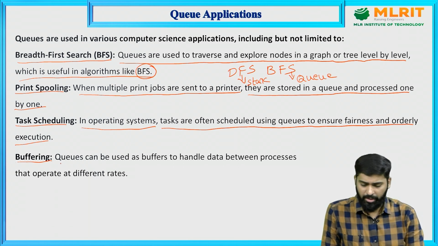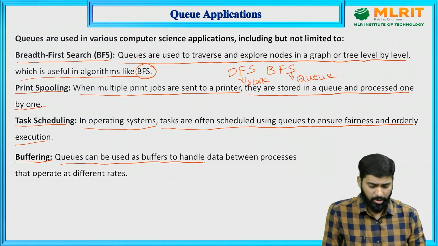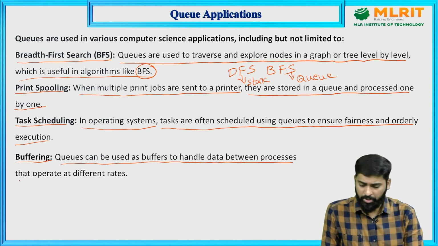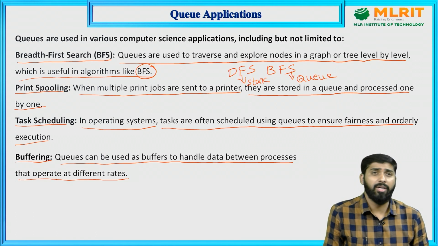And buffering. Queues can be used as buffers to handle data between processes that operate at different rates. In buffering also we use queues to store the data. So these are some of the applications of queue. In the BFS algorithm we use the queue data structure.